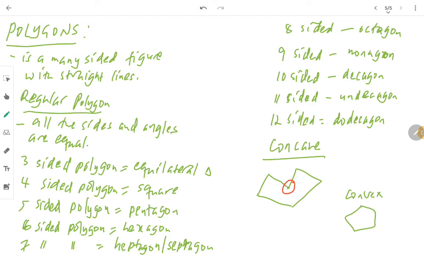Okay. So we need to look at how do we calculate the angles. How do we calculate the angles? Now, you find out that to calculate, I would rather do this.